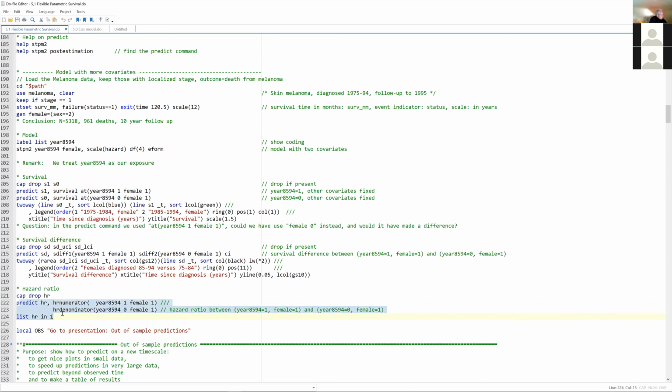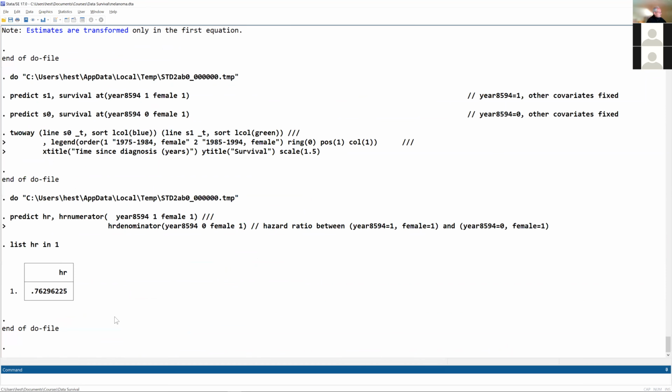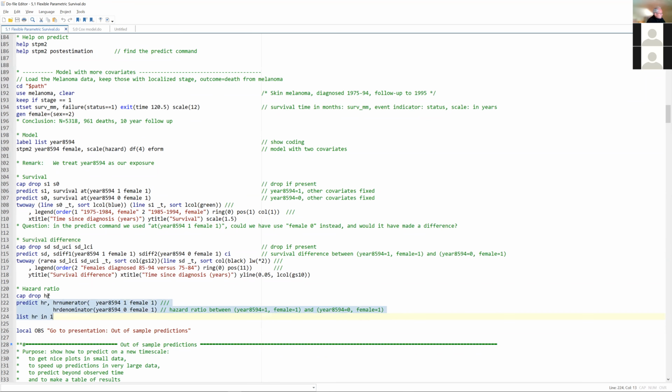And I can just do a list of this one because this will only be a number. And we get the number 0.76. So no surprises here. This is the same number we got before. Okay. Any questions or comments about the predictions that I've done so far?